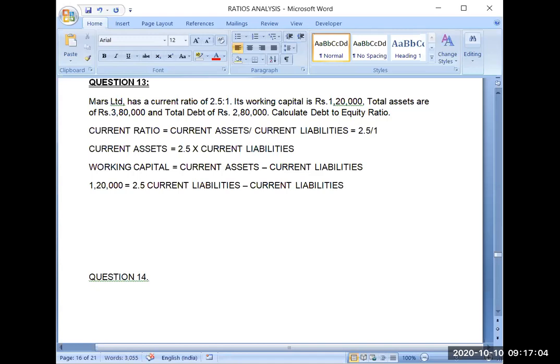So now practically what I have done is converted this equation into a single variable. Now I can solve this equation easily. So it will be 1.5 current liabilities is equal to 1,20,000.